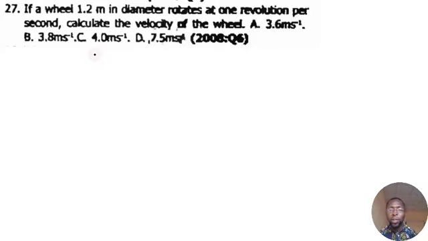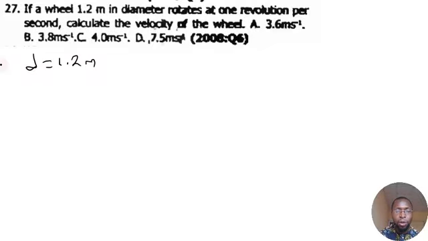Now let's consider the last question. It said, if a wheel 1.2 meters in diameter rotates at 1 revolution per second, calculate the velocity of the wheel. Okay, the diameter here is given to be 1.2 meters, but we don't have diameter as a parameter in this topic, so we have to change it to radius.